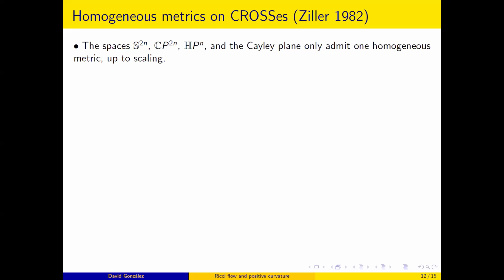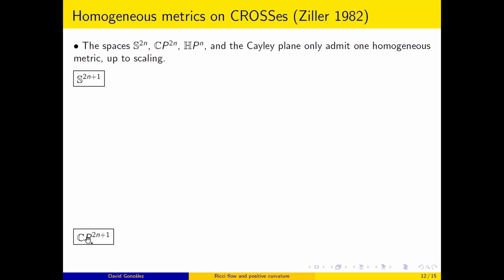In many of the cases we just have one metric up to scaling, so there's nothing to look at. We have non-trivial metrics, where we need to study this problem, on odd-dimensional spheres and on complex projective spaces where the dimension is of this form.